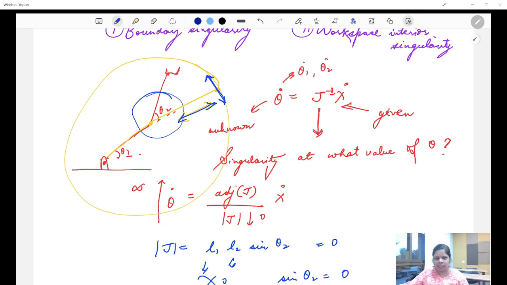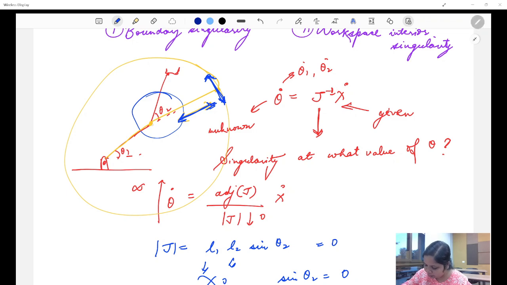It already has 2 degrees of freedom, right? But you have lost the ability to move in this direction, and now you can only move in this direction. So you are not able to achieve all the motion that it could have done.